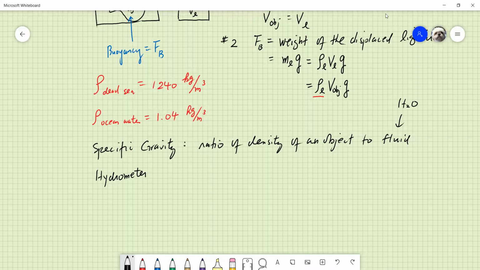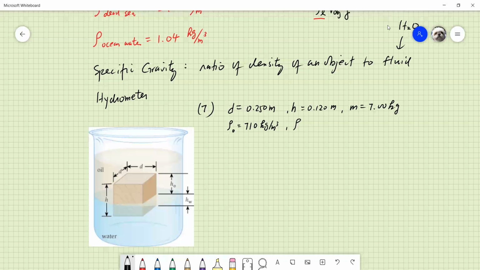Now what I'm going to do right now is, water is 1,000 kilograms per meter cubed. Now what we're going to find here is the following. What are they asking you? Determine the height of the parallel pipe in the water.